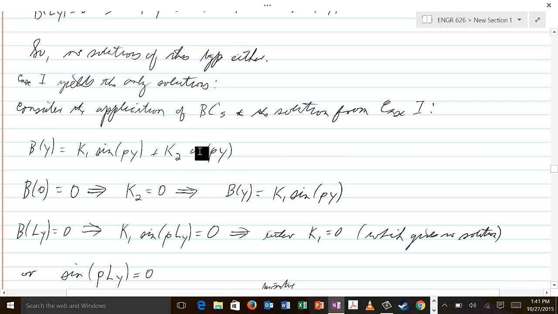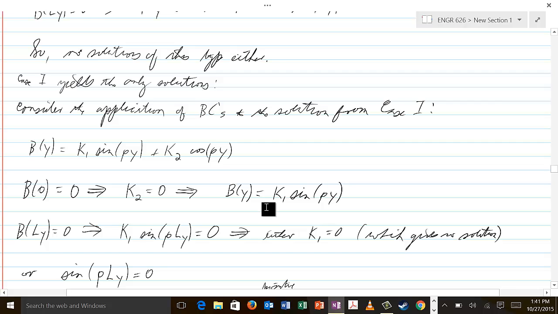The cosine of 0 is 1, so K2 is 0. The K2 term is 0 because of the boundary condition on the bottom of the problem domain, and that gives us b of y is equal to K1 sine p y.